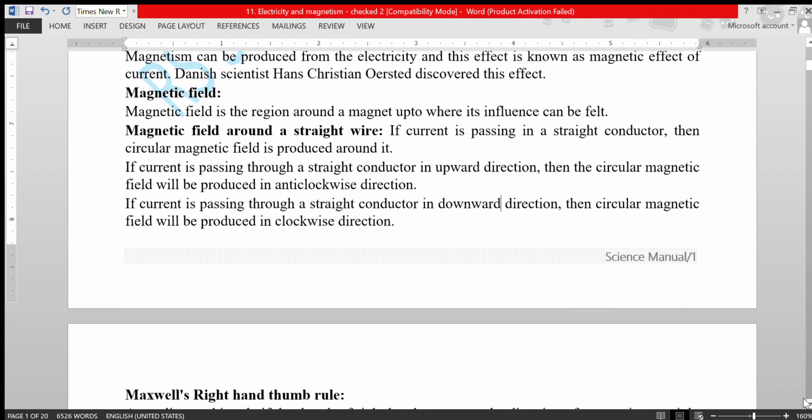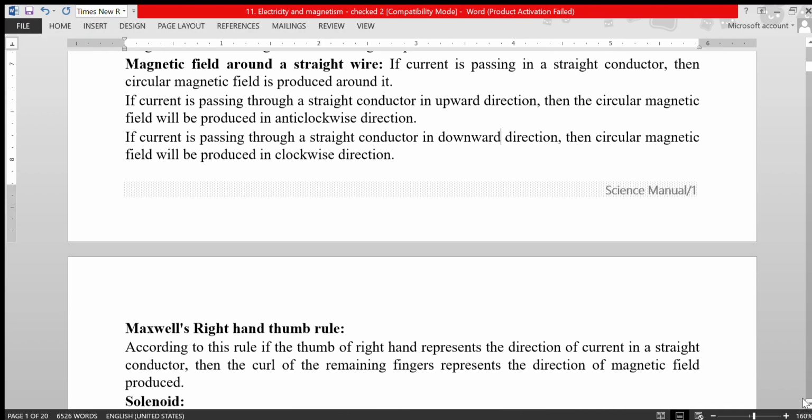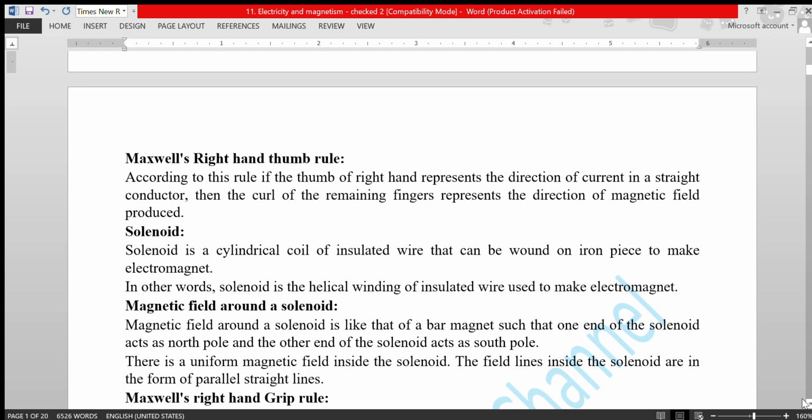This figure is shown later. Maxwell's right hand thumb rule: according to this rule, if the thumb of right hand represents the direction of current in a straight conductor, then the curl of the remaining fingers represents the direction of magnetic field produced.